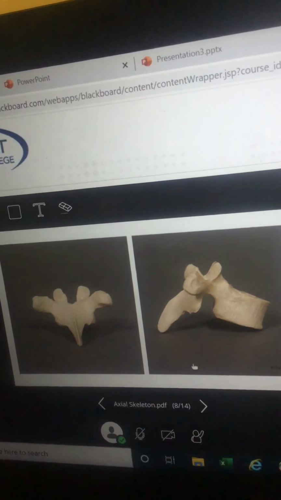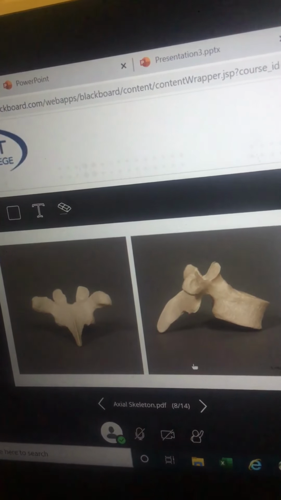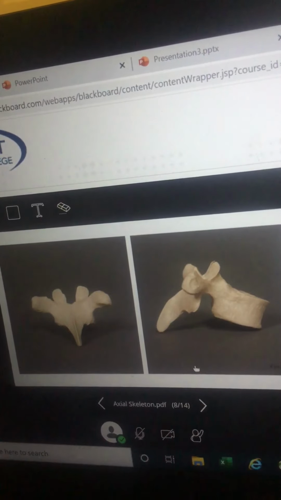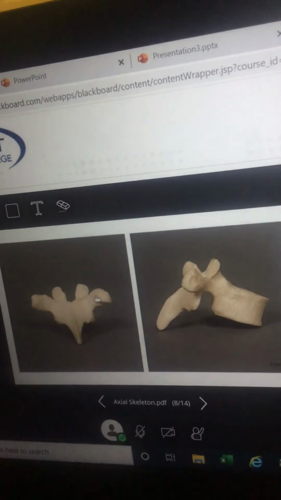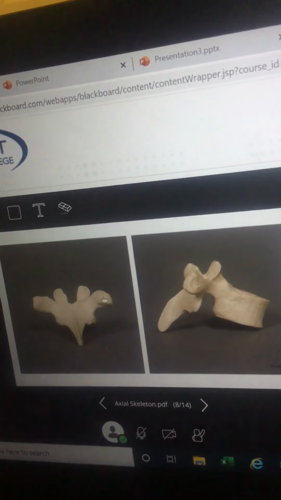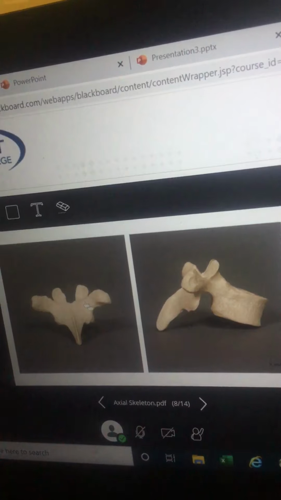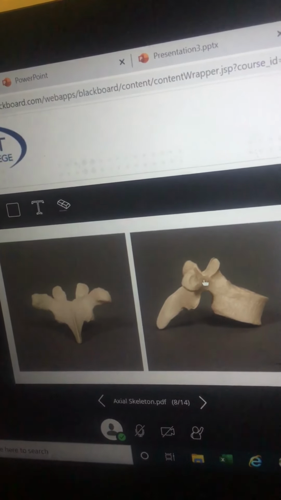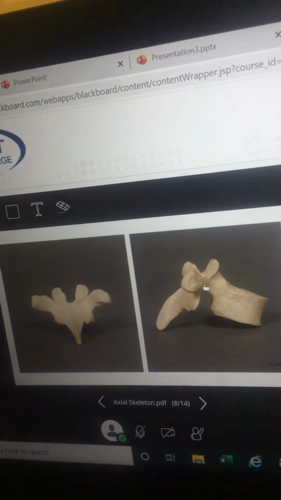What else do you have to know? You guys have to know the lamina and the pedicle. The lamina is going to connect the transverse process to the spinous process. So the lamina sits here.